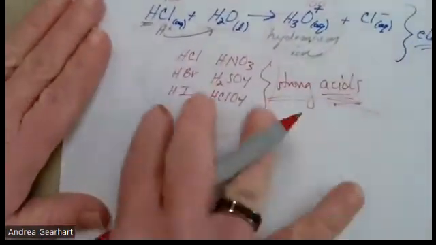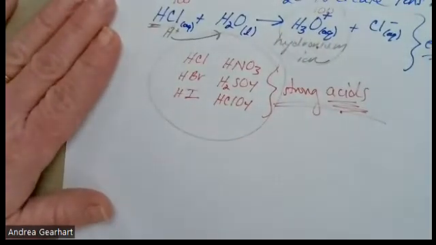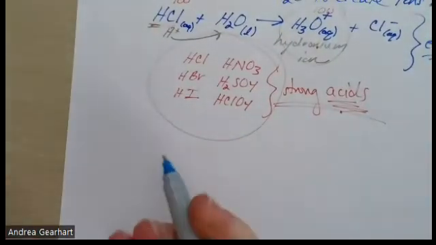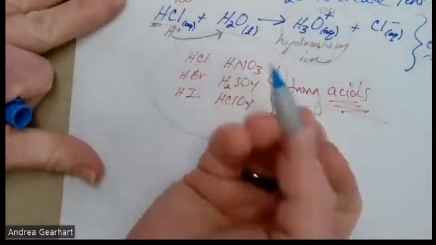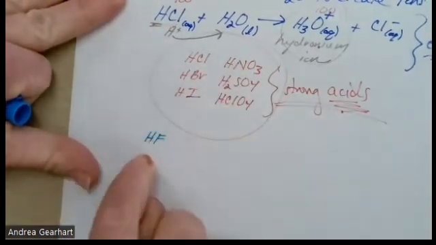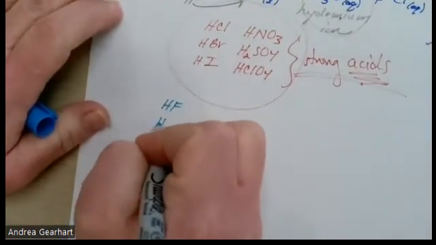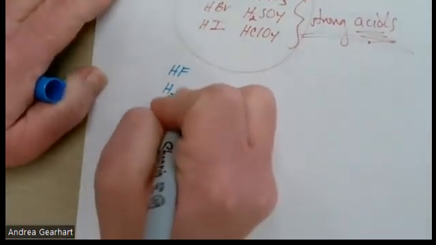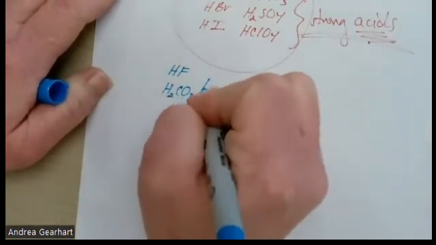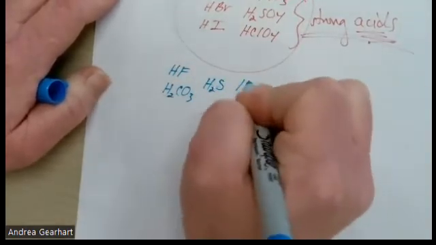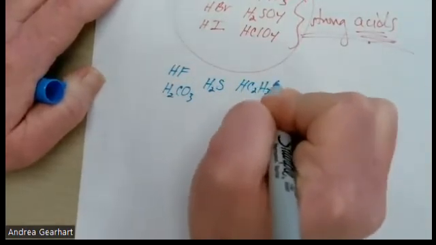Now, any other acid, and there are thousands of them, thousands. So if we take, how about halogen above chlorine, HF, or how about H2CO3, or H2S, or HC2H3O2?